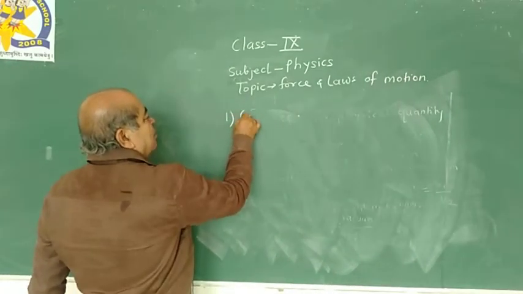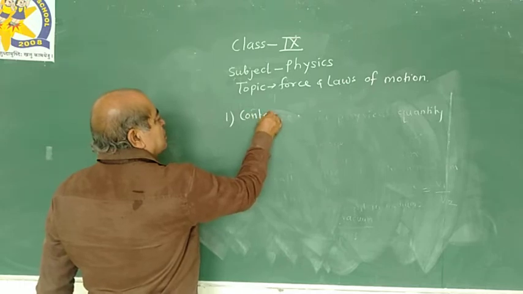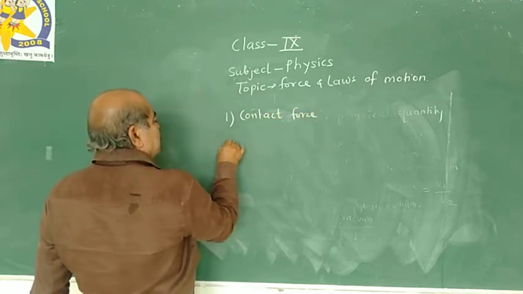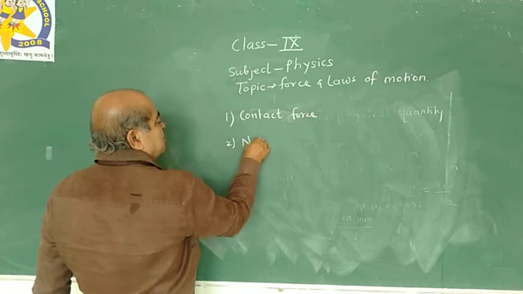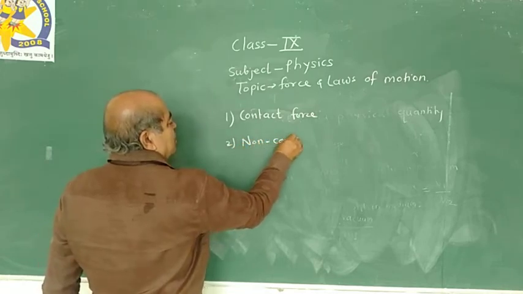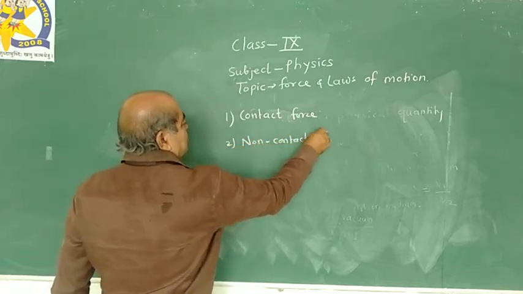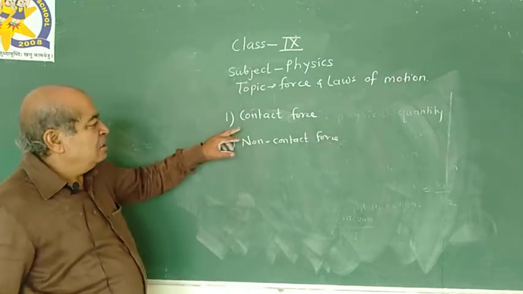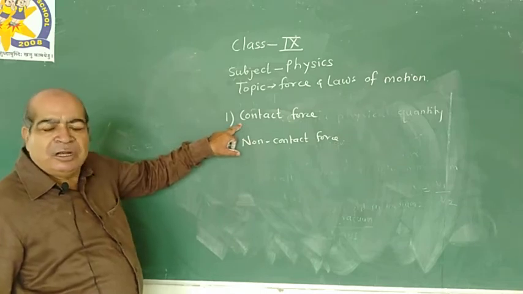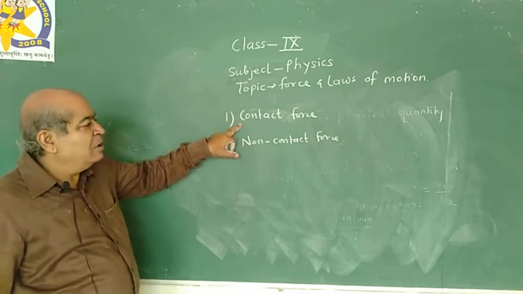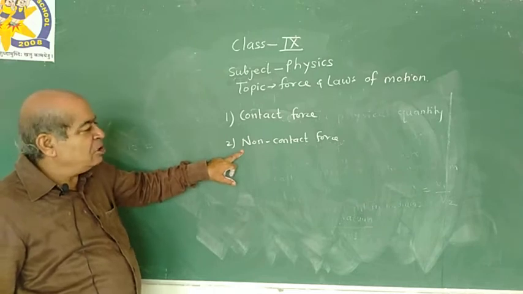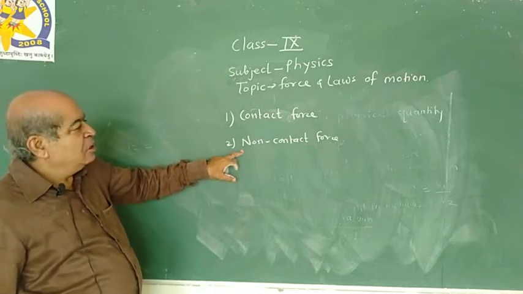One type is called the contact force, and the second type is called the non-contact force. In 8th standard you studied there are two types of forces: one is the contact force and the second is the non-contact force.